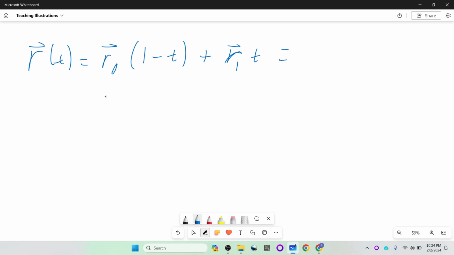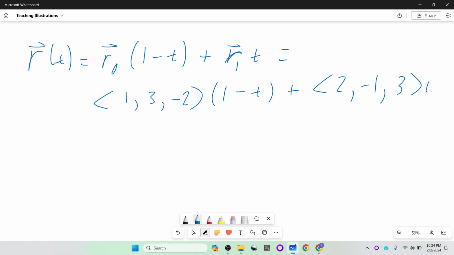Here r naught would be the starting point, 1, 3, negative 2, times 1 minus t, plus r1, the ending point, 2, negative 1, 3, times t. And we'll say t goes from 0 to 1, because we want a line segment, so once you get to the end, you stop. You don't keep going past there.